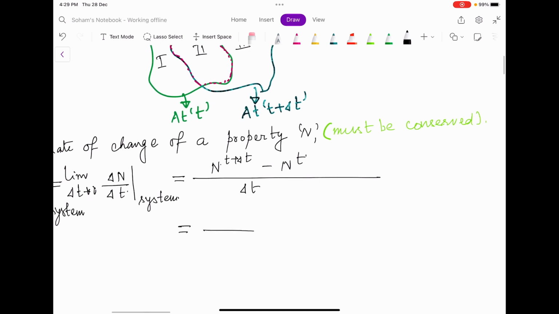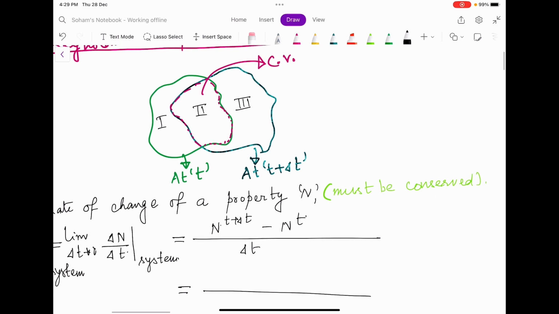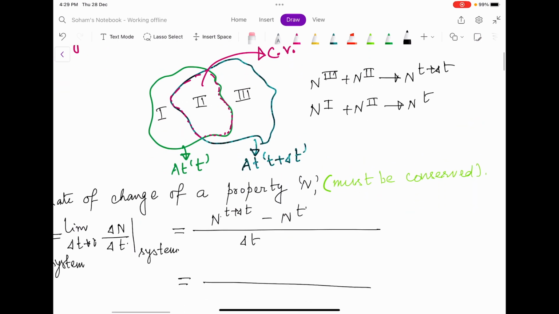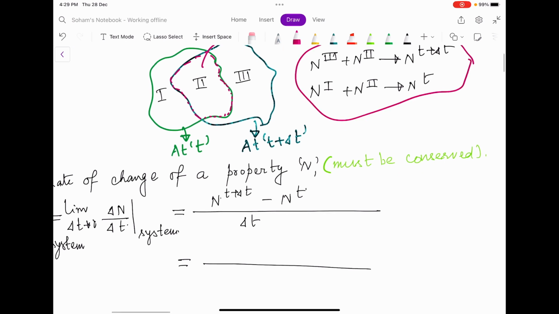Now we know that N at 3 plus N at 2 denotes N at t plus delta t, and N at 1 plus N at 2 denotes N at t. Applying these two relations in this line, we will get N3 plus N2 minus N2 plus N1, right?